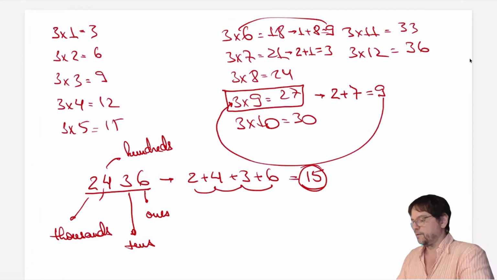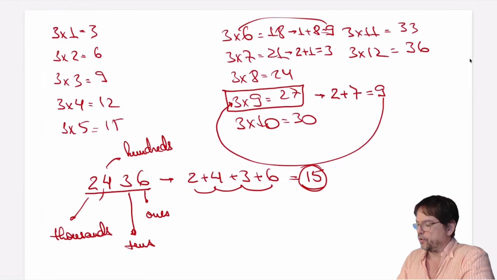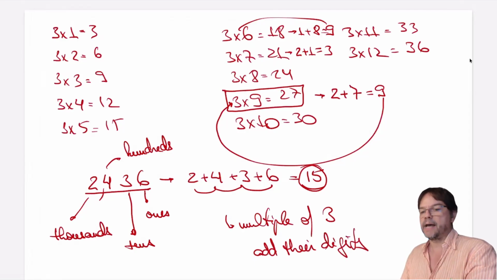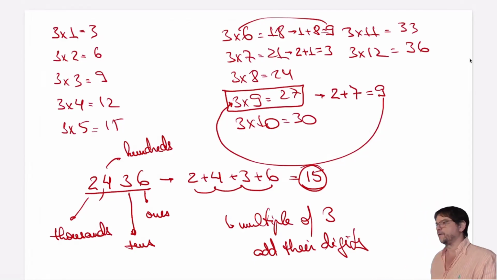So, every time you need to know if a number is a multiple of 3, add its digits. If the sum of the digits is a multiple of 3, the original number is a multiple of 3.